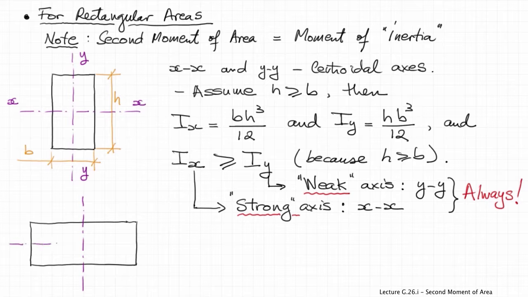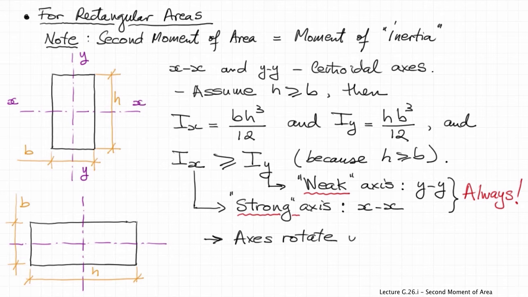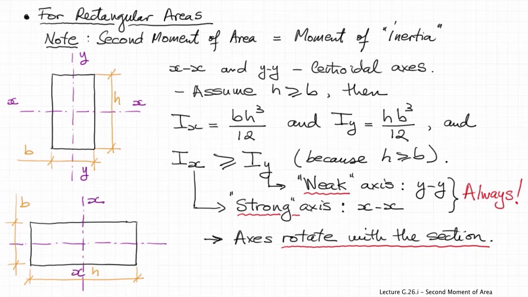But now what happens if we have a similar section, but this section is rotated? So now the vertical direction is the smaller direction, and the horizontal direction is the larger direction. You may notice that I kept the notation such that h is always larger or equal to b. So in order to maintain the convention that Ix is larger or equal to Iy, we always must rotate the axes with a section.